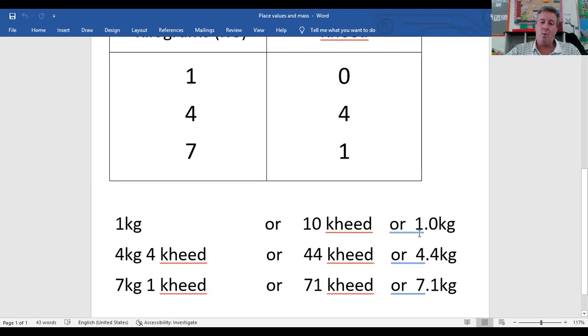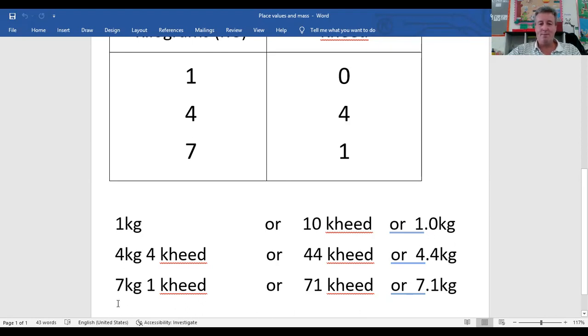Sometimes when we see our weights, we'll have it like this with what we call the point. We have a dot there, and that means it's 1.0 kilograms. Here we have 4 kilograms, 4 keyed is 44 keyed, or 4.4 kilograms.